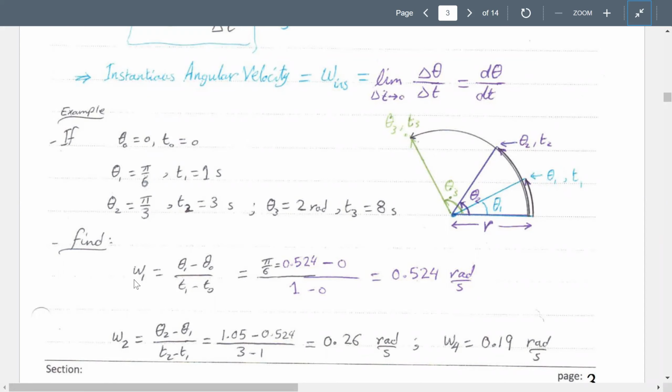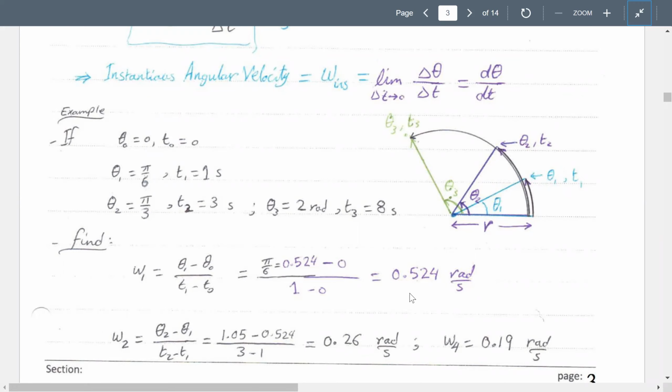Before, we dealt with the work and with the weight. Now this is omega. It's equal to theta 1 minus 0 over delta t. Theta 1 is pi over 6, which is equal to 0.524, minus 0, over 1, which is 1 minus 0.